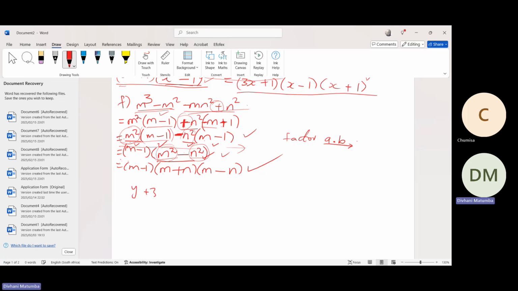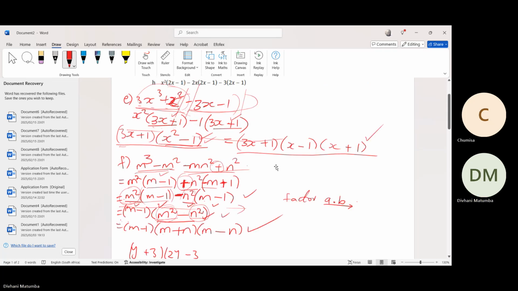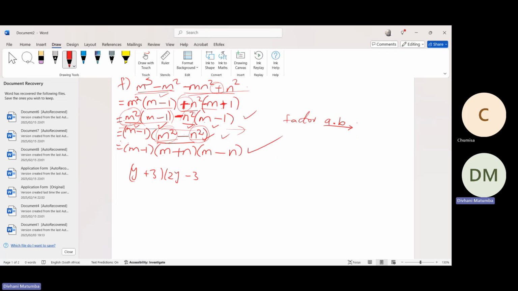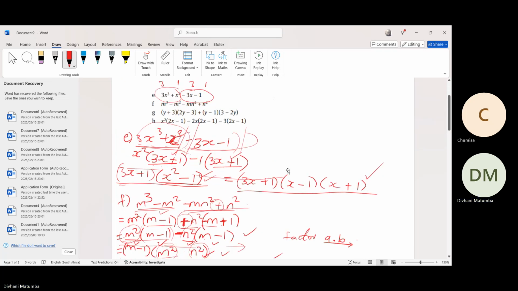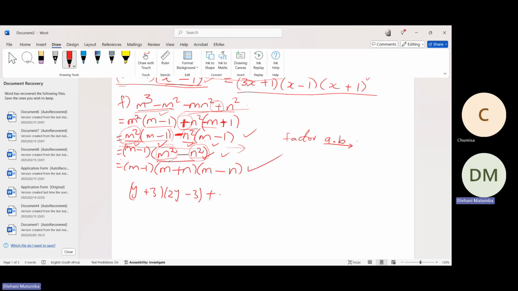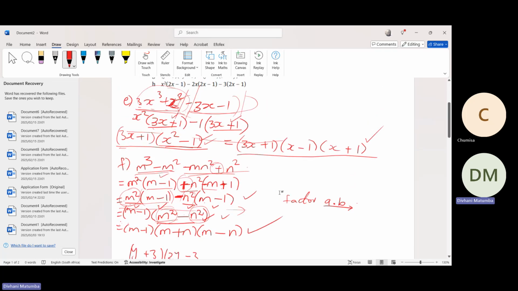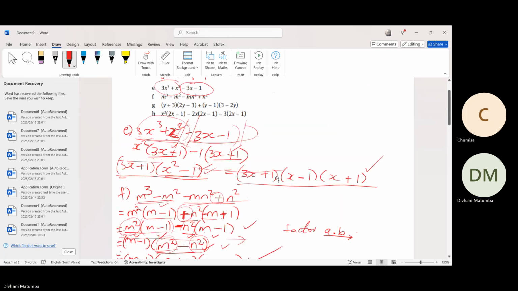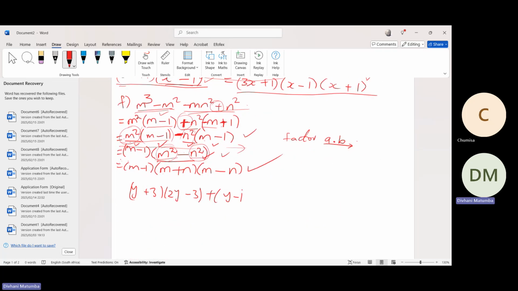Y plus 3, 2y minus 3, plus y minus 1, then minus 2y.